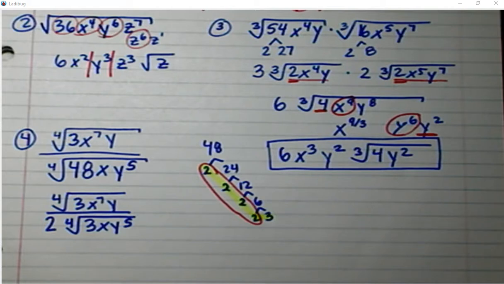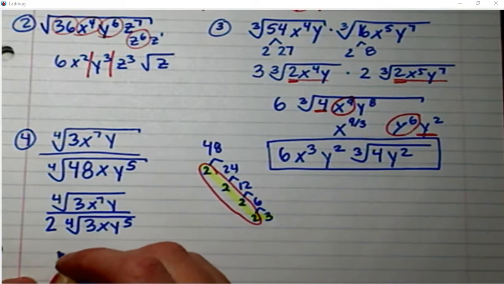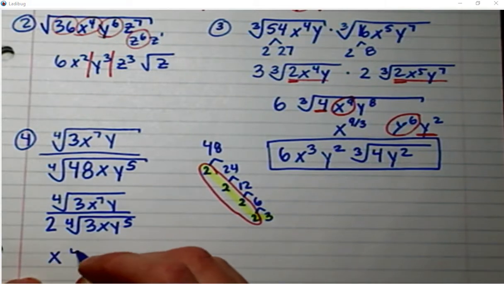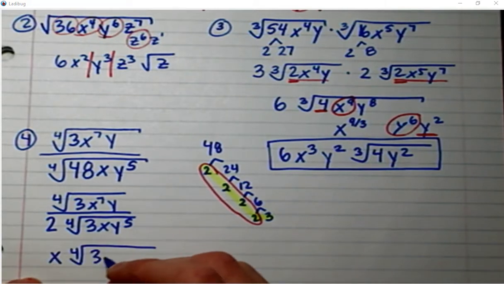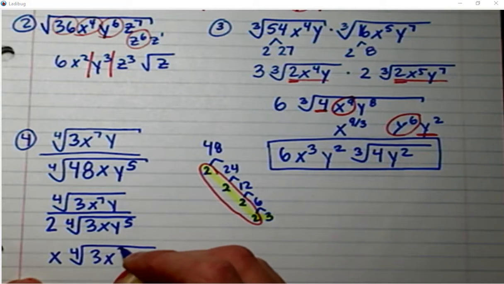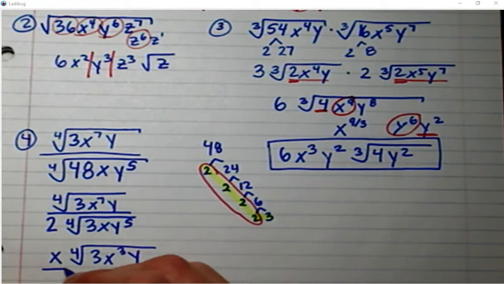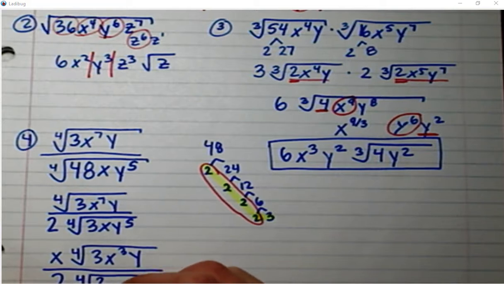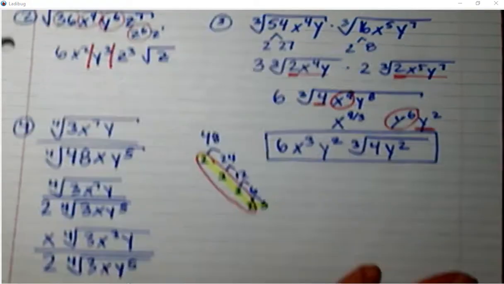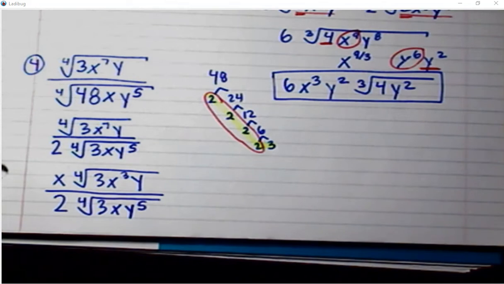Take x out on the top. Sure, I could take an x out on the top. So x 4th root 3x cubed y over 2 4th root 3xy^5. Okay, anything else I can do? Sure, back here. Why, yes.